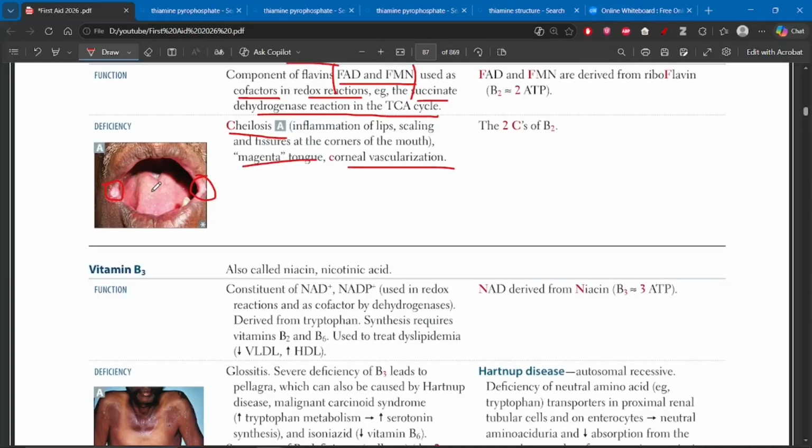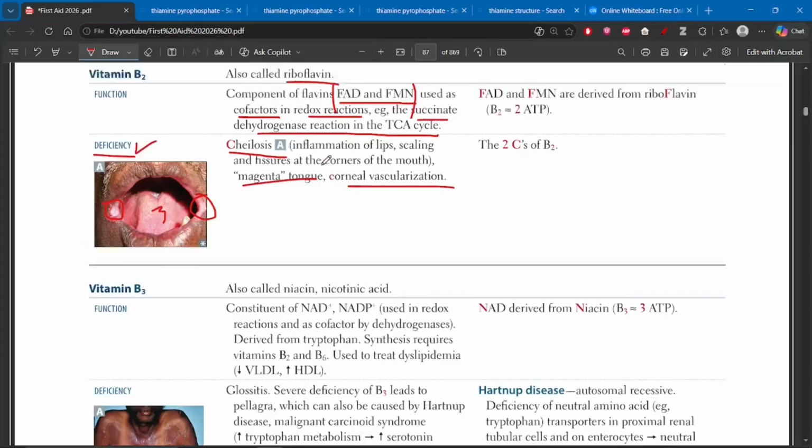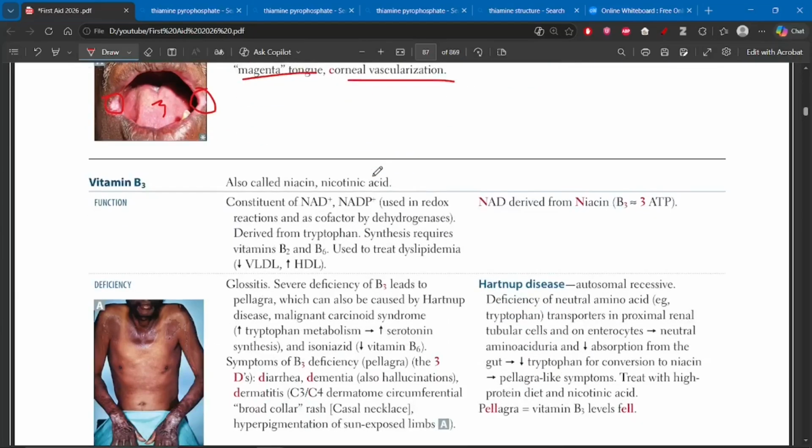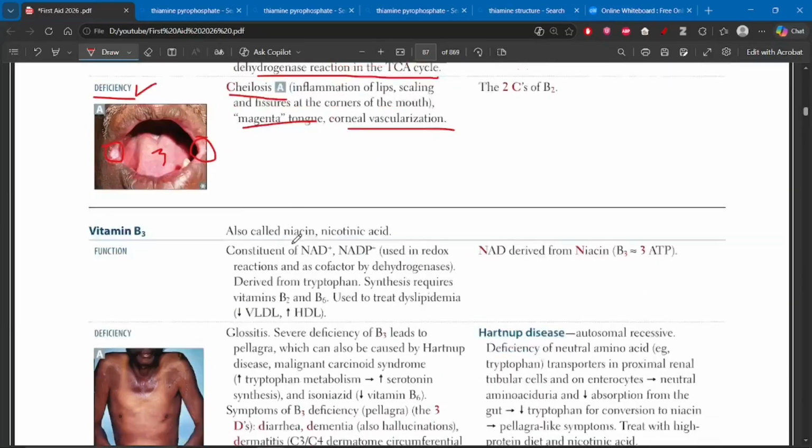So the tongue gets magenta colored, you can see, and there's corneal vascularization. So cheilosis, magenta tongue, and corneal vascularization. So you need to remember the definitions. Cheilosis is quite common in the vitamin B complex compounds, but you need to remember this.